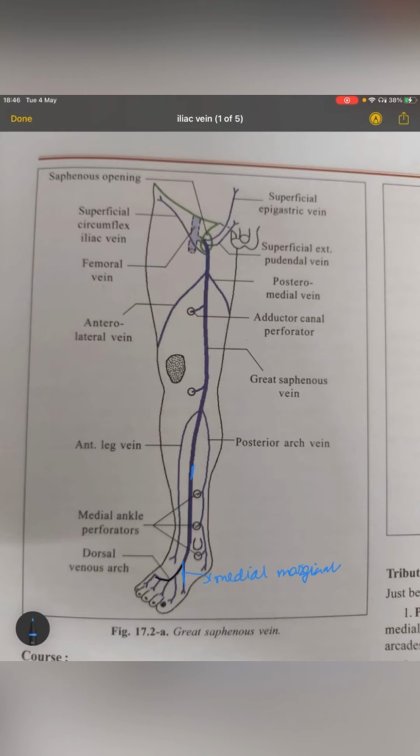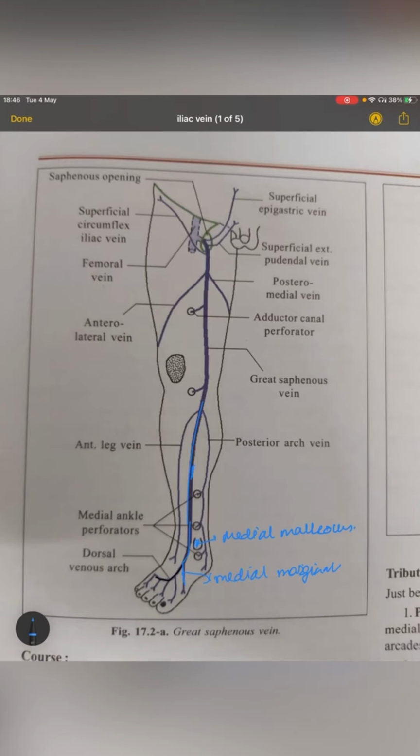And after formation, you see, this is our medial malleolus. So this great saphenous vein after formation passes in front of the medial malleolus and goes all along the medial side of the leg.